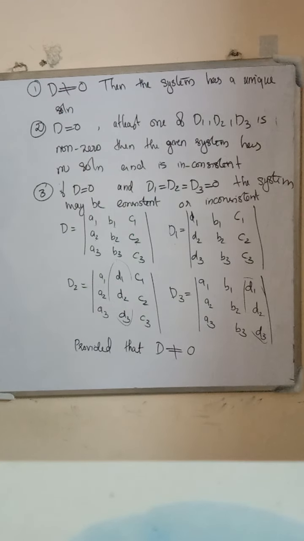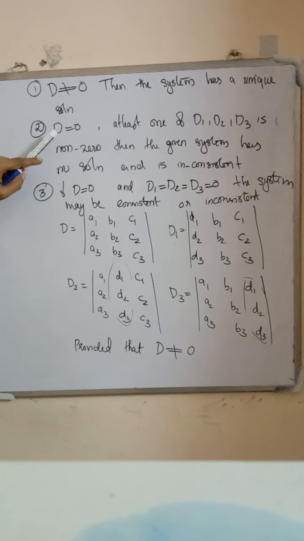We can check the consistency, that is the existence of solution, by these three conditions. First, if the determinant d of the coefficient matrix is not equal to 0, then definitely the system has a unique solution.